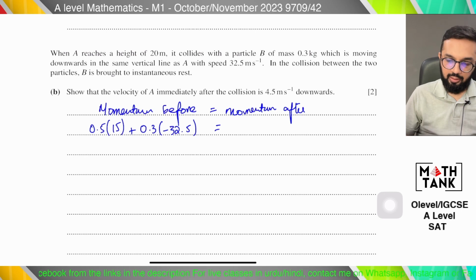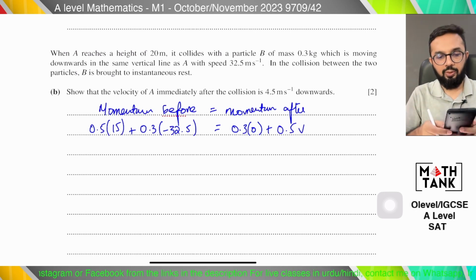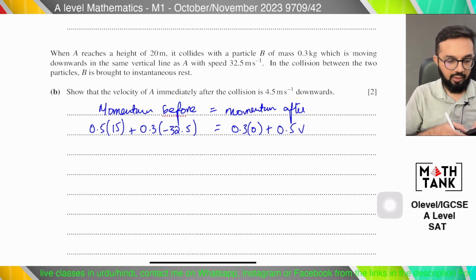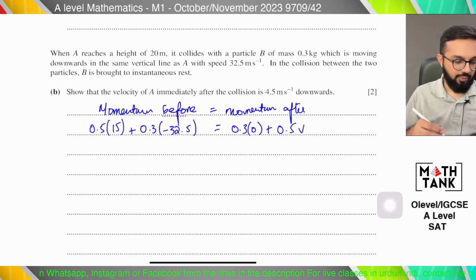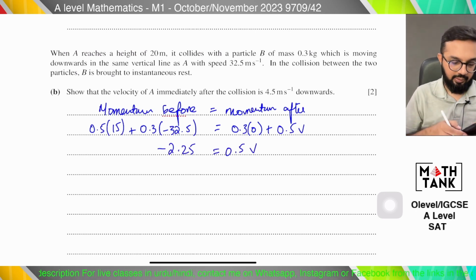Then in the collision between the two, particle B is brought to instantaneous rest. Show that the velocity of A immediately after the collision is this. So let's try to do that. 0.5 into 15 minus 0.3 into 32.5 gives you minus 2.25 equals 0.5 v divided by 0.5.